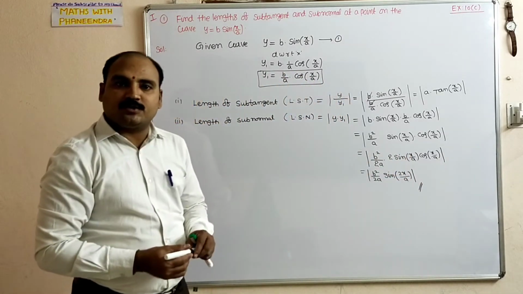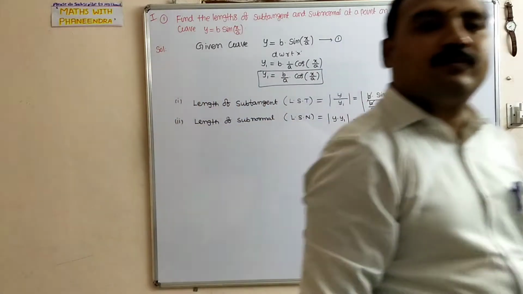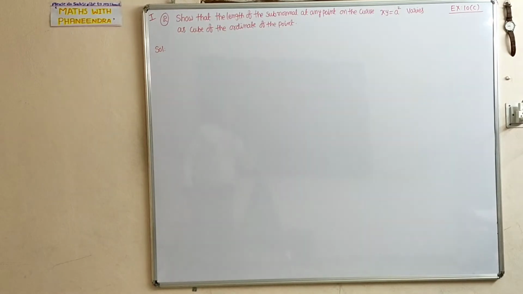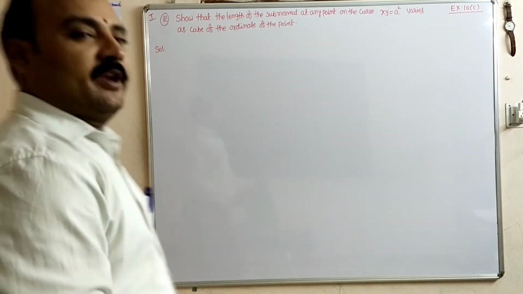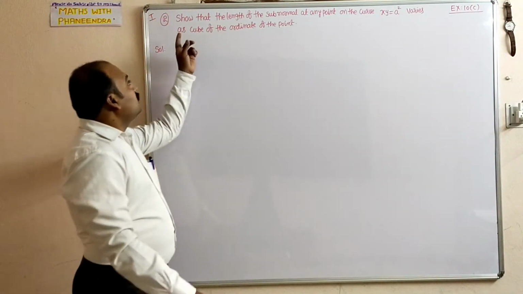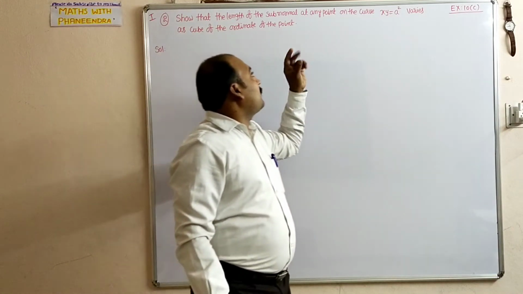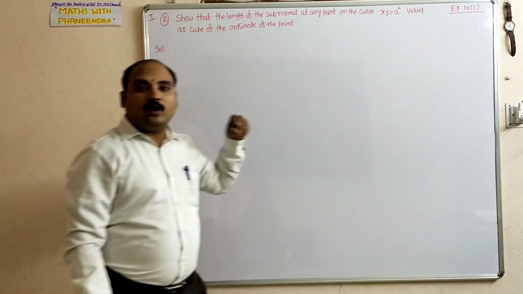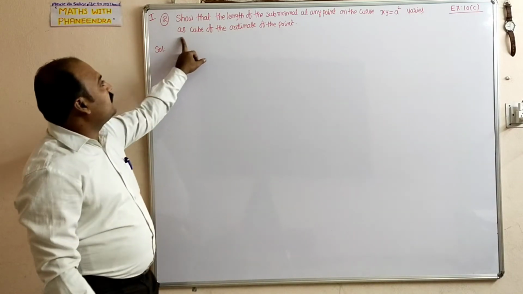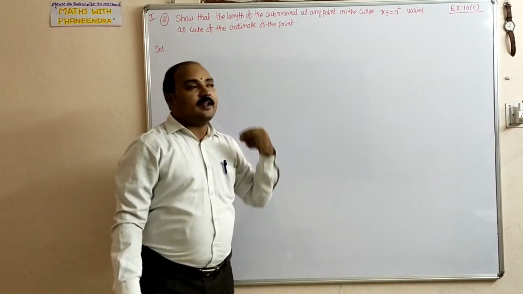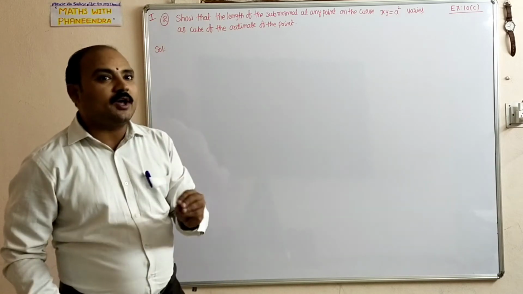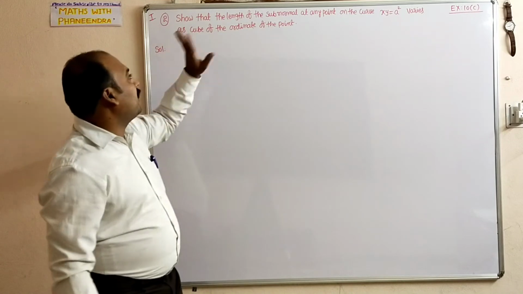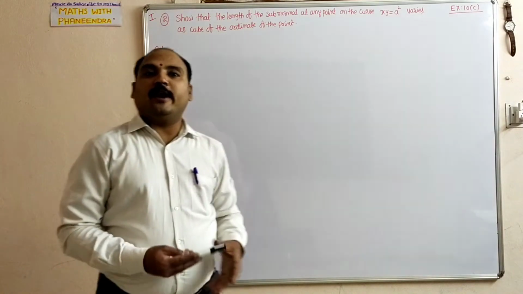We'll move to the next question, the second question. Show that the length of the subnormal at any point on the curve xy equal to a square varies as the cube of the ordinate of the point. We have to prove that the length of subnormal is the cube of the ordinate.